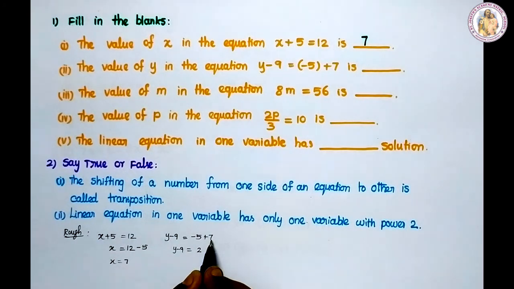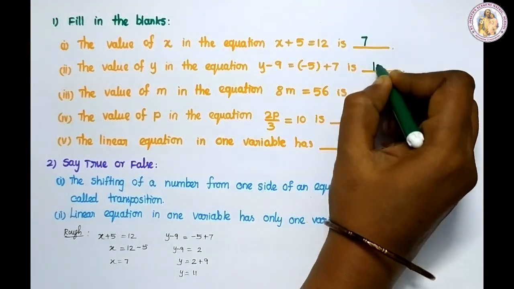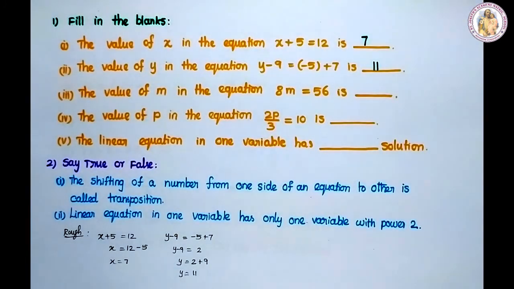Plus 7 is the bigger one, so plus is the sign here. So plus 2. Here minus 9 becomes plus on this side. So y equal to 2 plus 9, 11. So 11 is the value of y.